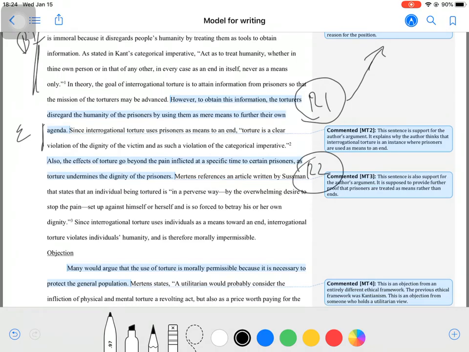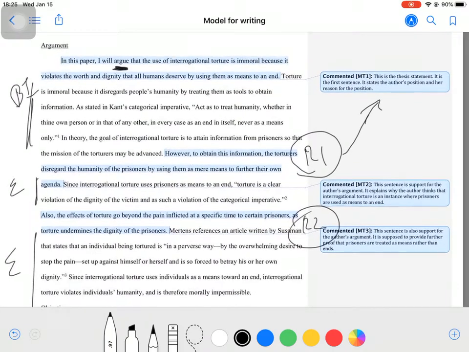It is supposed to provide further proof that prisoners are treated as means rather than ends. And then notice immediately after this, we get another explanation that expands and unpacks this reason and tells us why it stands in support of the argument. So that's kind of the structure that, all things considered, your paper should follow.